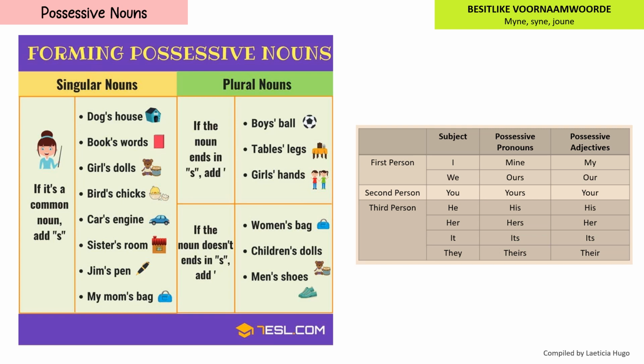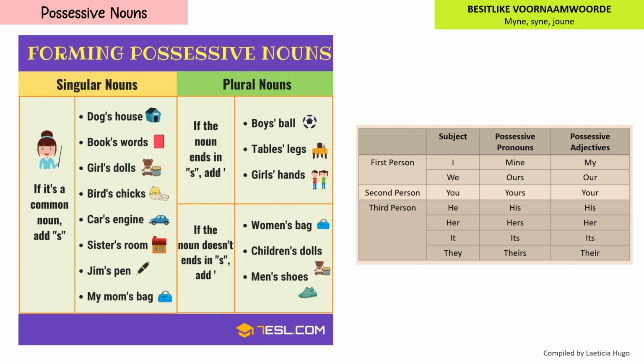Then on the right-hand side, just explaining it a little bit differently, is the subject, who the person or the subject of the sentence is. Then you get the possessive pronoun and the possessive adjectives. So the first person I, its possessive pronoun is mine.